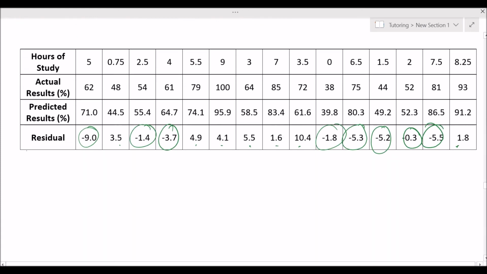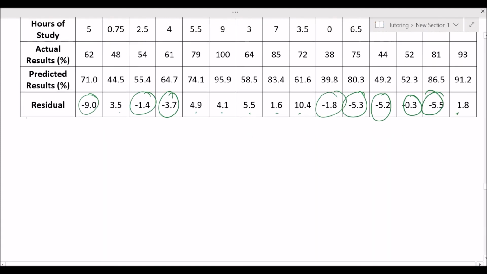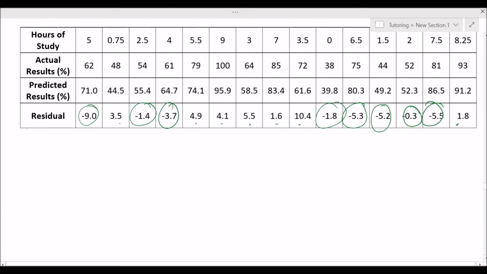Because what we need to do now is turn this into a residual plot. Okay, so we have to graph it like it's a scatter plot, except we want, instead of the response variable on the y-axis, we want the residuals on the y-axis.